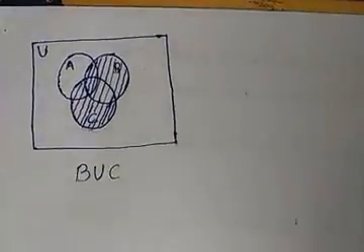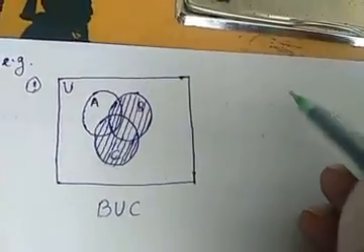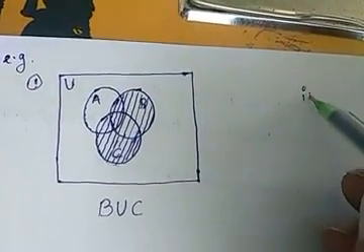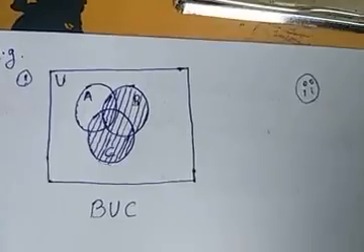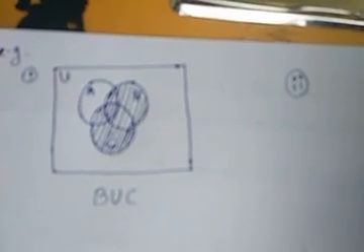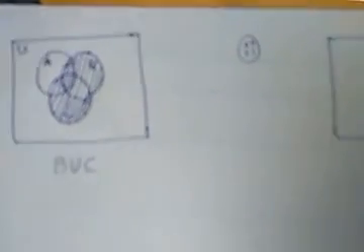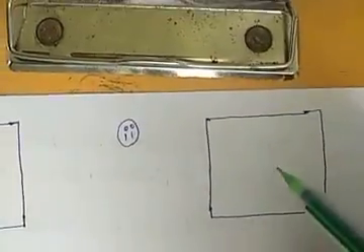Next example of the same type: if we are given a shaded region or a Venn diagram, we have to find which relation or operation it represents. The next Venn diagram is of this type.